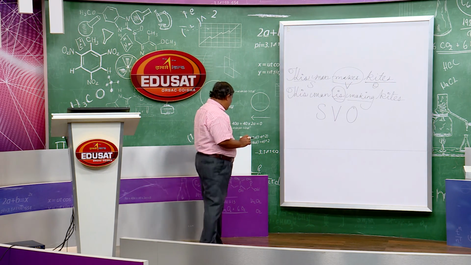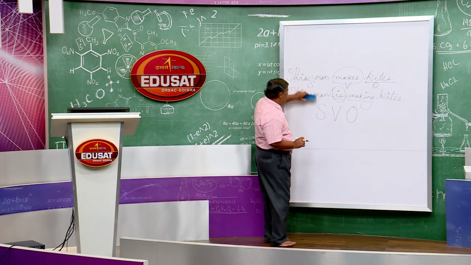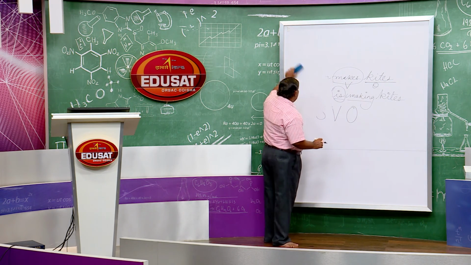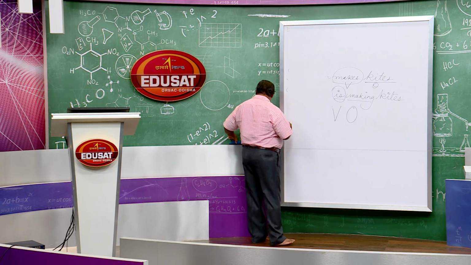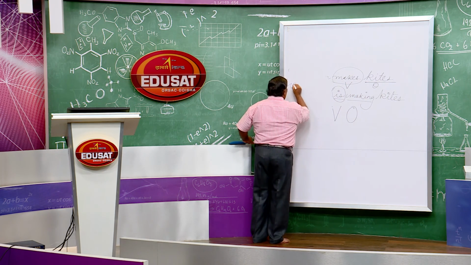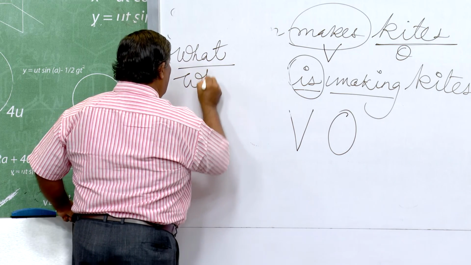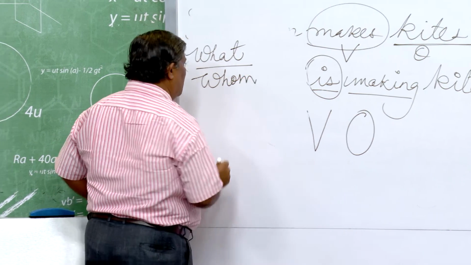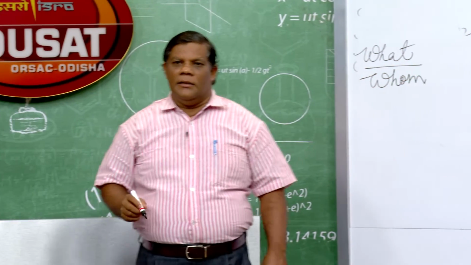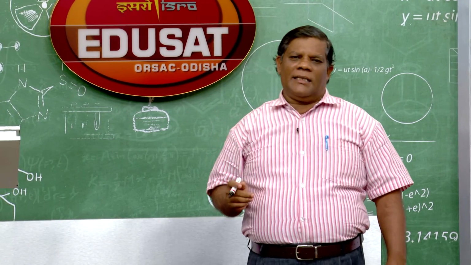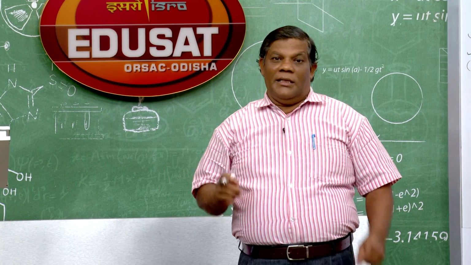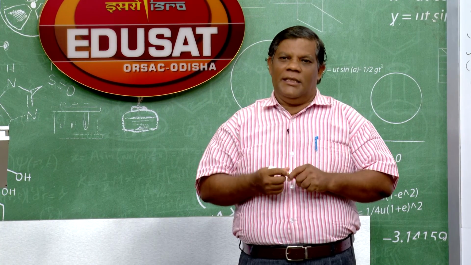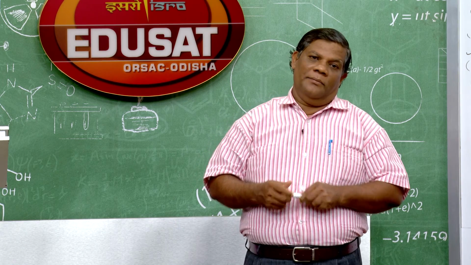And here you see, if you answer the question what or whom, you ask these questions, you ask either what or whom. The answer to that question is called object.